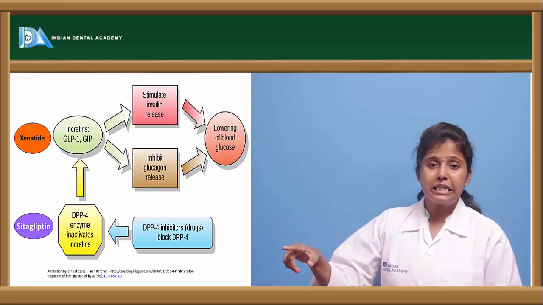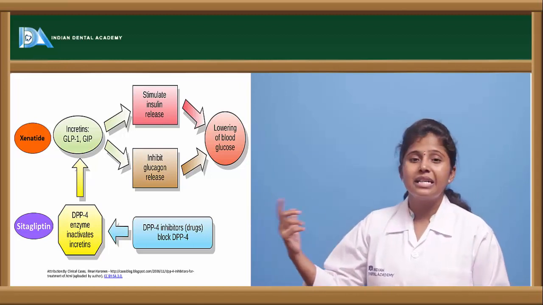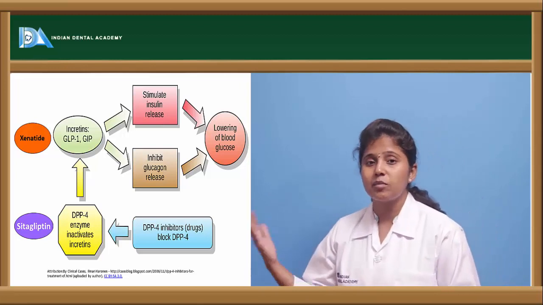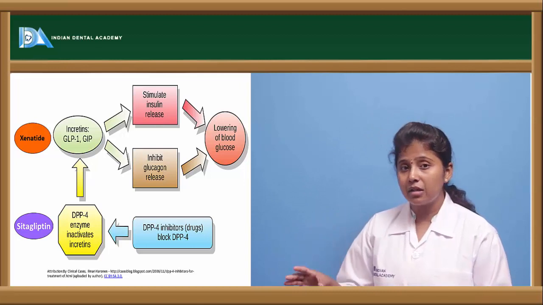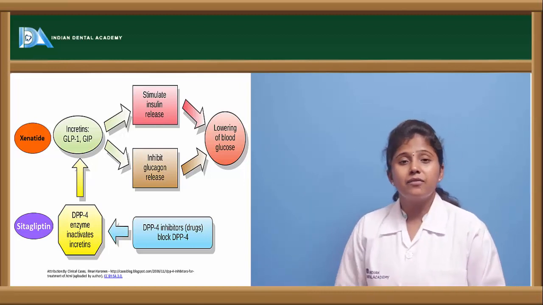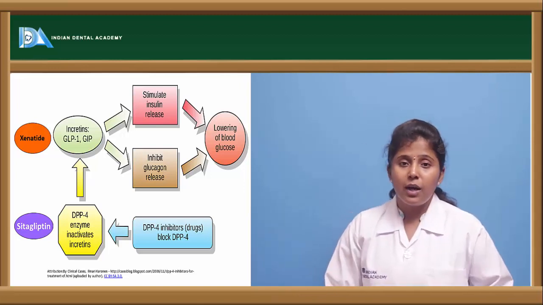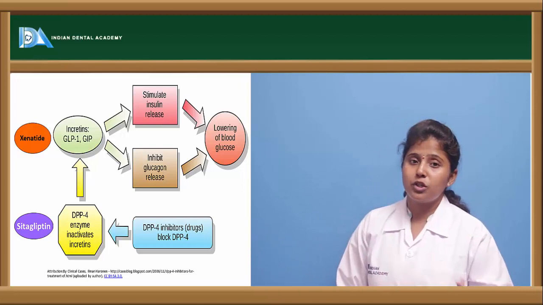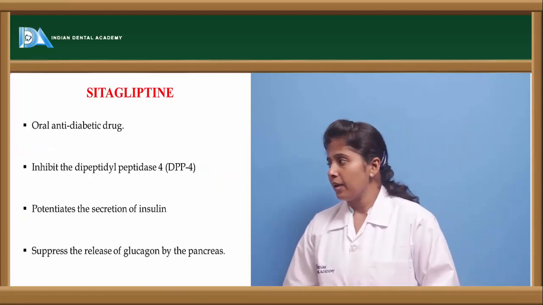So this exenatide is an analog of GLP-1, whereby it stimulates the insulin release and thereby the blood glucose level is lowered. And sitagliptin is a drug which inhibits the enzyme DPP itself, and thereby the GLP is not metabolized and the release of insulin is stimulated.